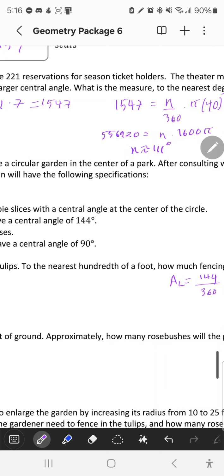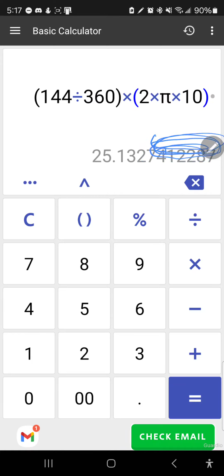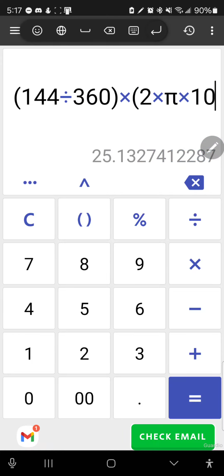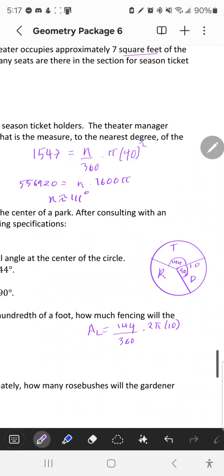And we need to round to the nearest hundredth of a foot. We're going to round up because we want to make sure that all the space is covered. If we don't include this, then we won't have fence for 0.0027 of the space. So that's basically why we're rounding up. So it will be 25.14.